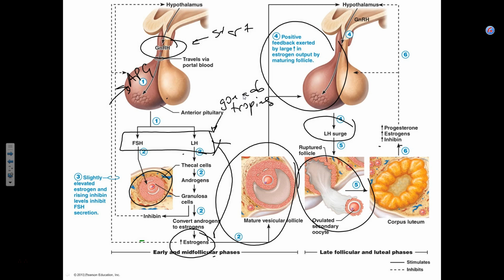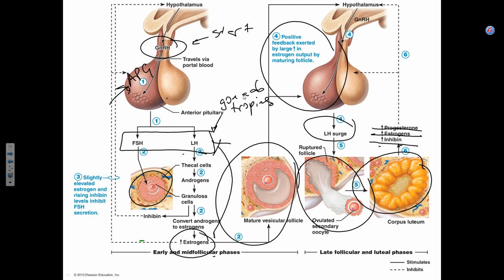After the ovulation, what's left behind? Corpus luteum, which produces inhibin, estrogen and progesterone. What effects do these hormones have on the hypothalamus and anterior pituitary? They decrease the output of GnRH, LH, and FSH.